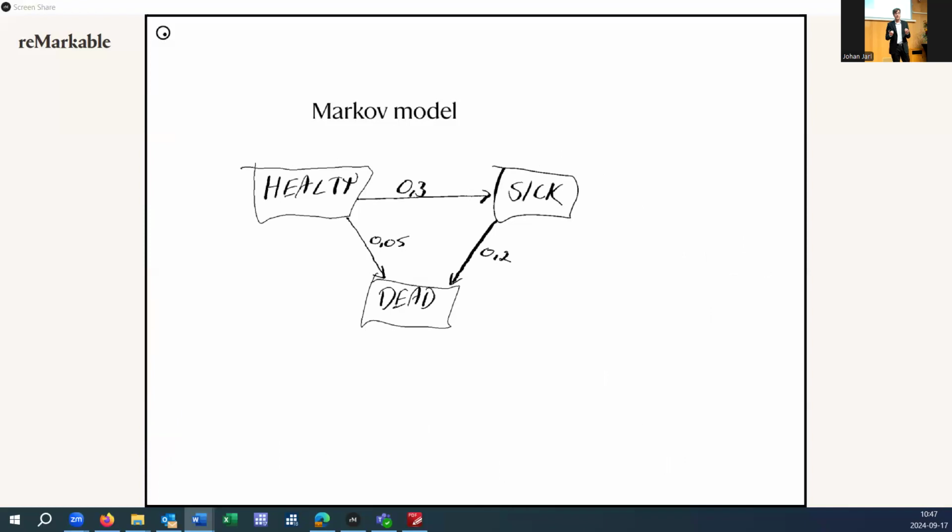So instead of a health weight in the sick state of 0.6, we now model that the health weight is 0.7. So we had 0.6 and we changed that to 0.7. All other weights remain the same.